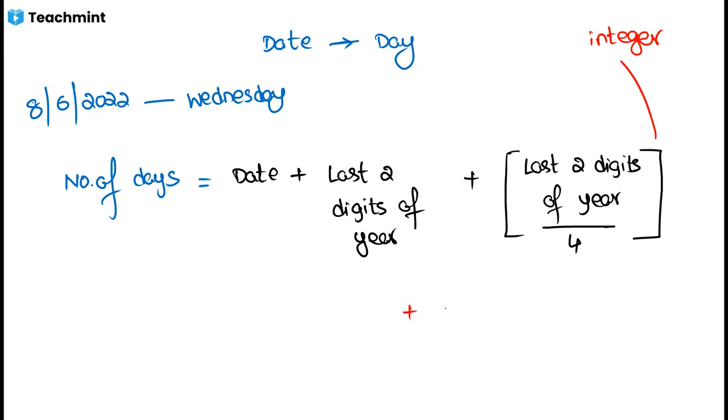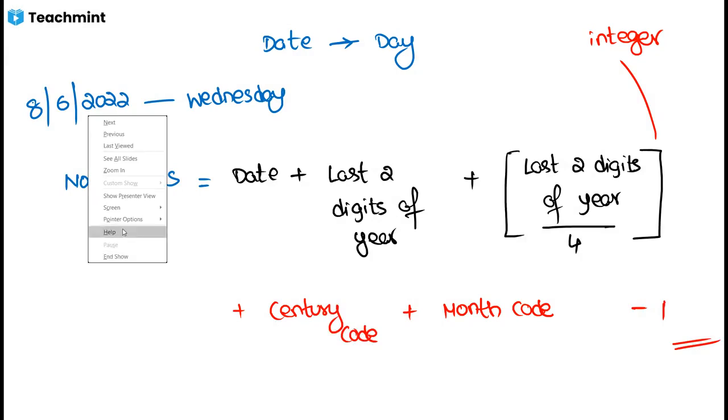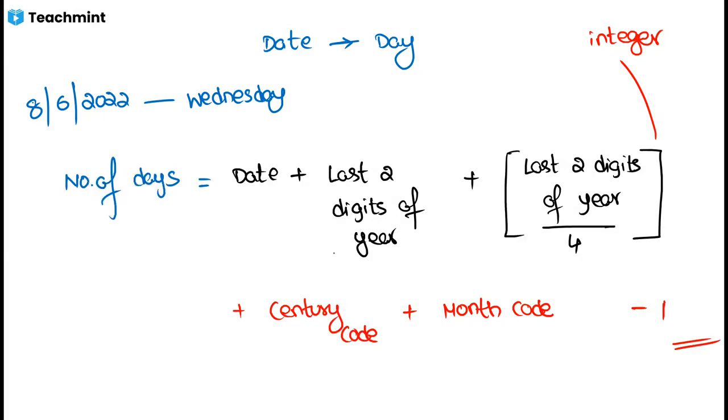Next, the month code and century code are required, and then perform minus 1. So these 5 factors we require, with minus 1 as well. I'll explain why we take minus 1 later. Date, last two digits of year, last two digits of year divided by 4, century code, month code, minus 1.